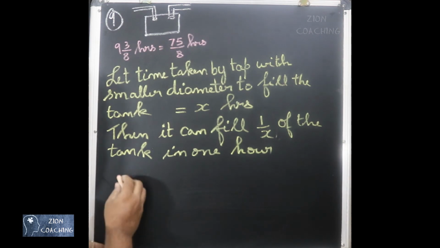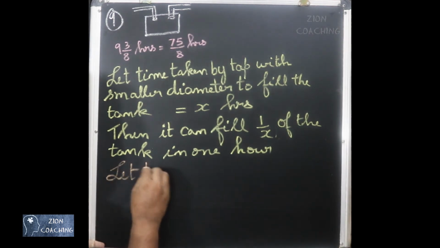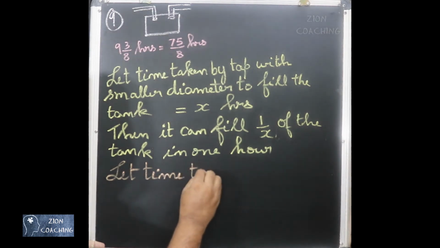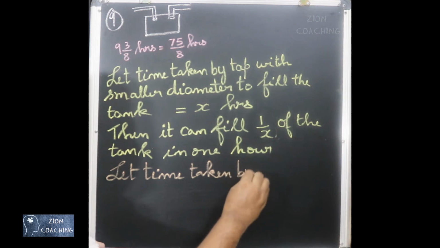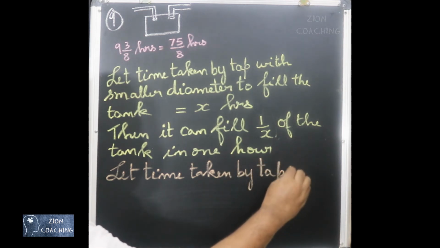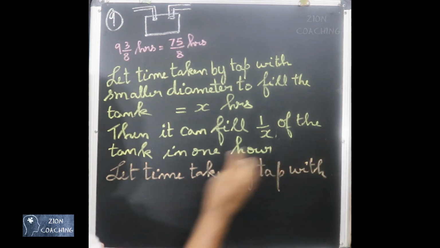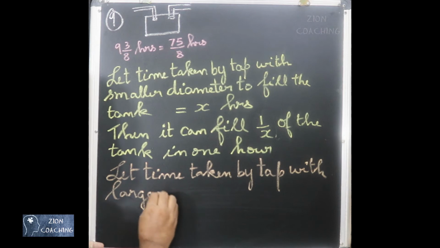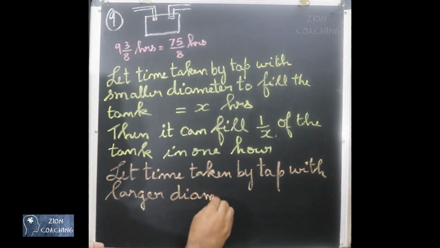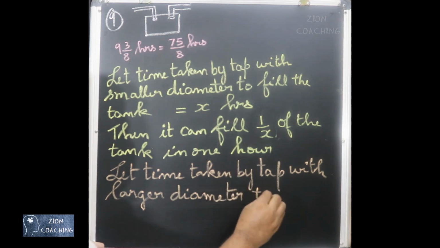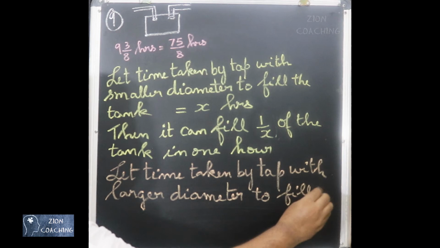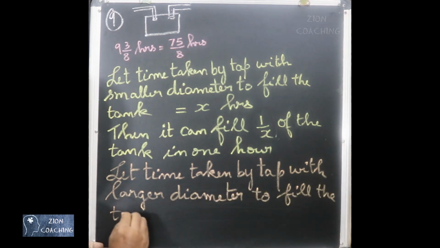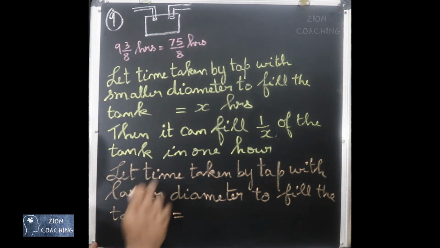Now let the time taken by the tap with larger diameter to fill the tank be equal to, now in the question they have said that the tap with the larger diameter takes 10 hours less than this tap.